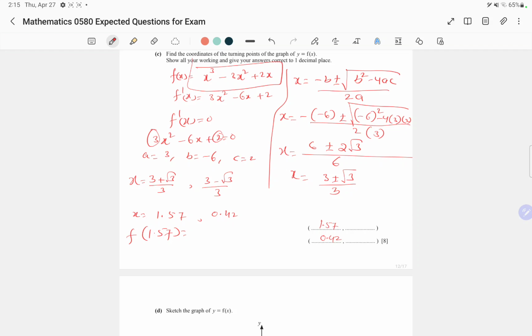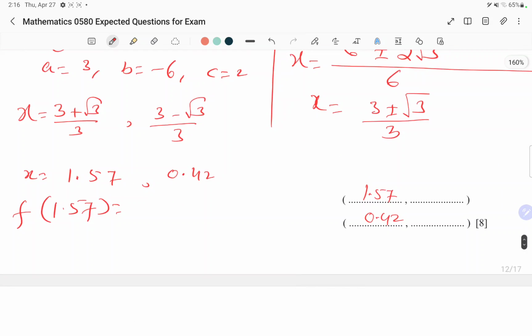So it will be 1.57 to the power 3 minus 3 times 1.57 squared plus 2 times 1.57. I got minus 0.38.